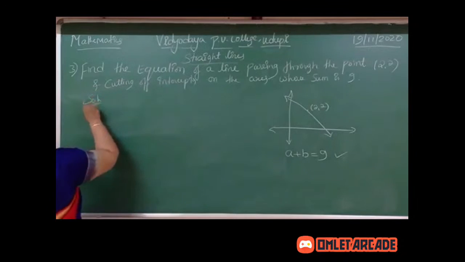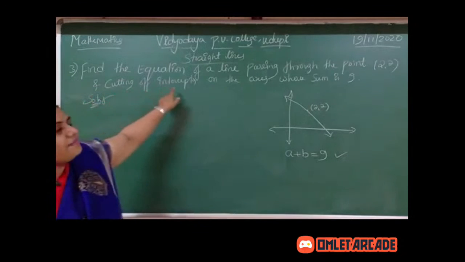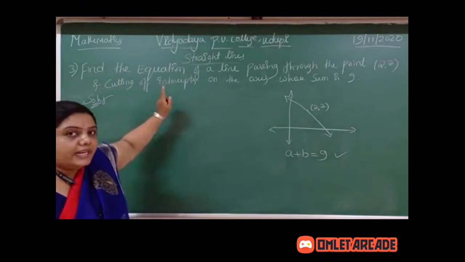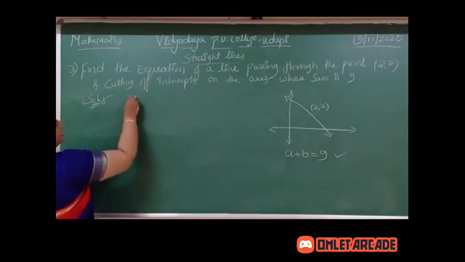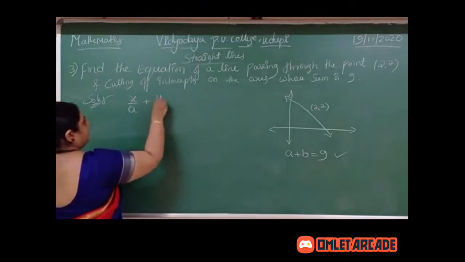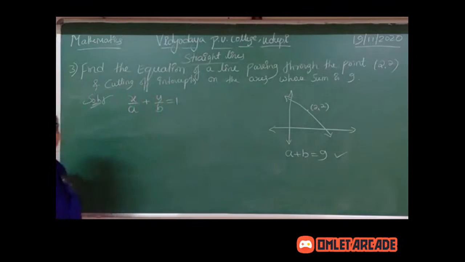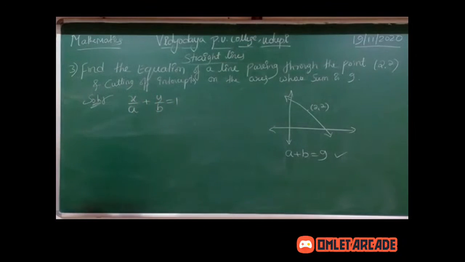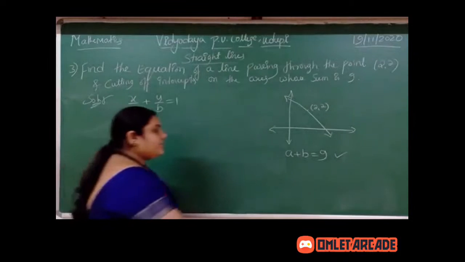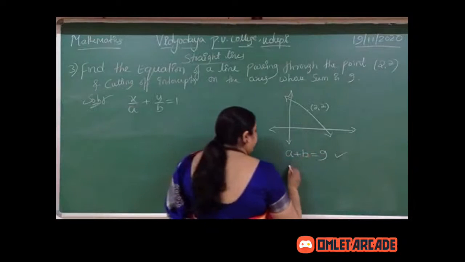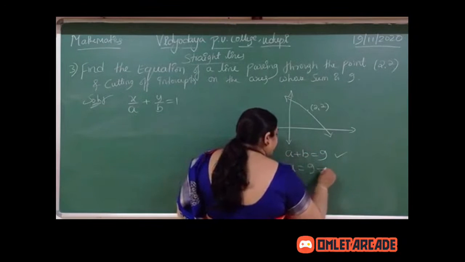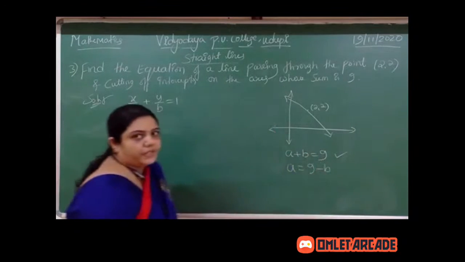Since you have information about the intercepts, can we take the equation in intercept form? So what is the equation in intercept form? Let me write it. This is the equation of a line in intercept form. But they have given the sum of them. If a plus b is equal to 9, then a is 9 minus b.